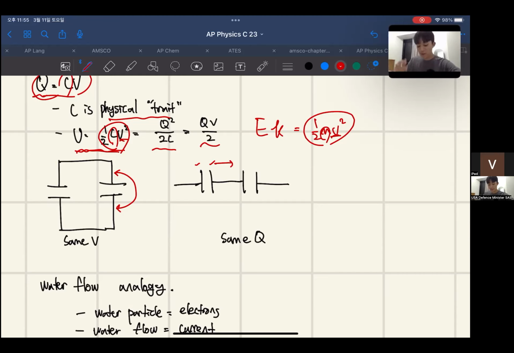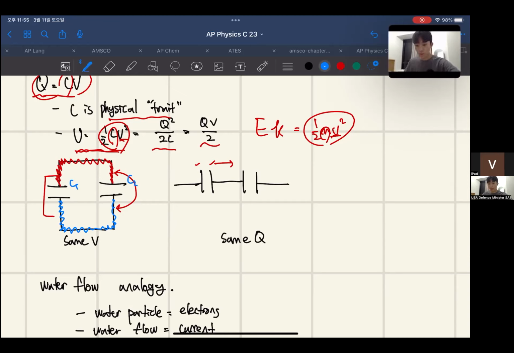If the two capacitors are connected in parallel, then the voltage across the two capacitors would have to be the same, because this red part of the circuit and this blue part of the circuit are both disconnected by two capacitors, C1 and C2.